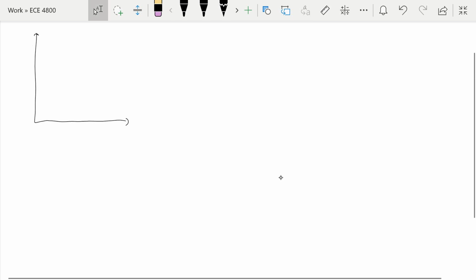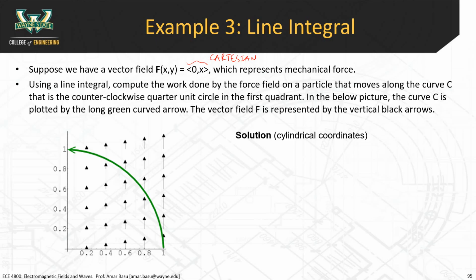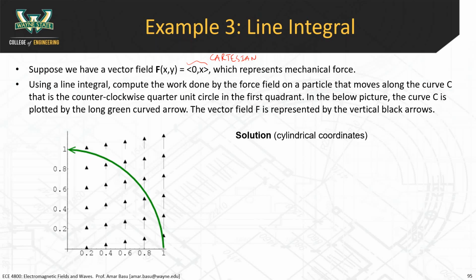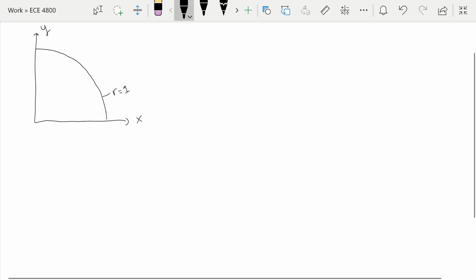All right, so we are going to be integrating along this quarter circle, where r is equal to 1. Here's our x and y here. I'm not going to bother drawing the vector field because it's going to make the graph cluttered. So we are going to be integrating along this portion of the line.